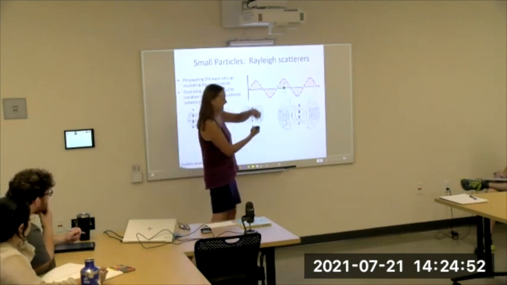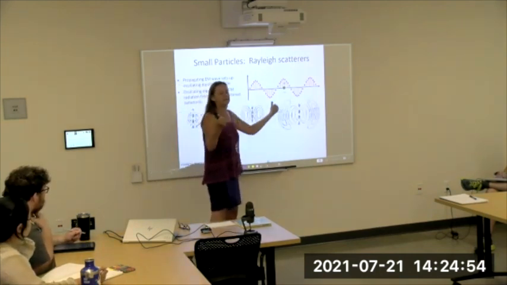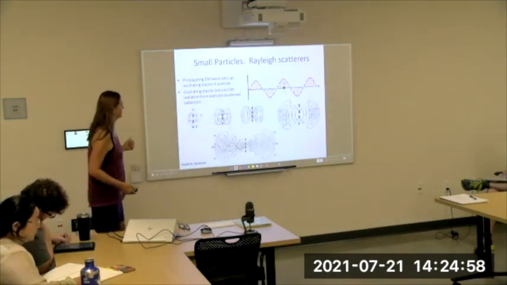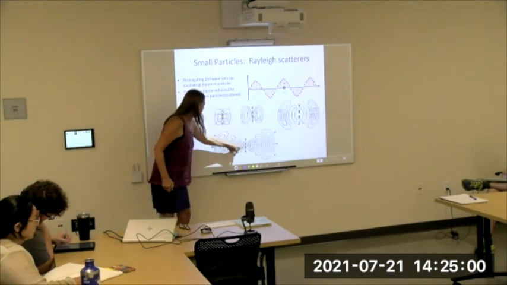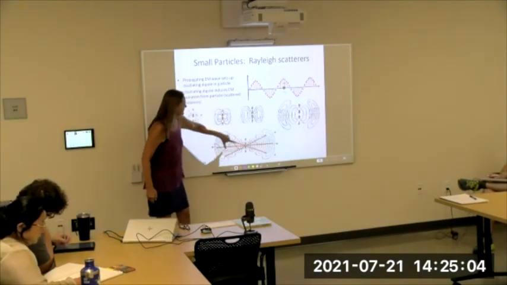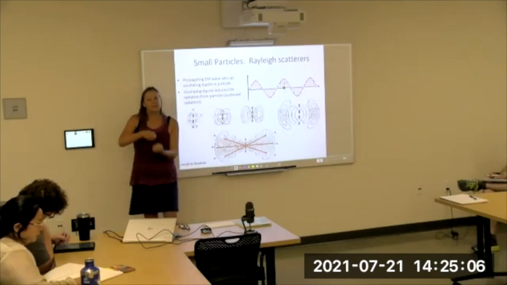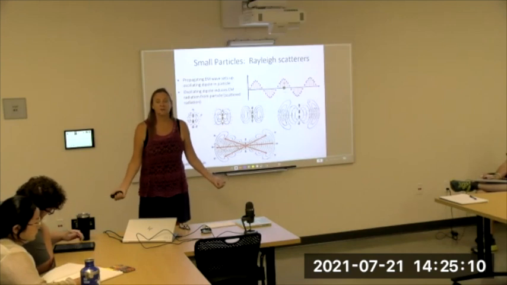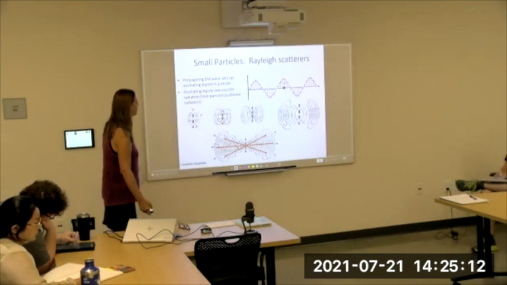This continued oscillation just results in these waves emanating out in all directions. Here's an example of it emanating in this direction, but it's also emanating in these other directions. And so by setting up this dipole oscillation, energy is being emitted in all directions, right? Scattering in all directions.